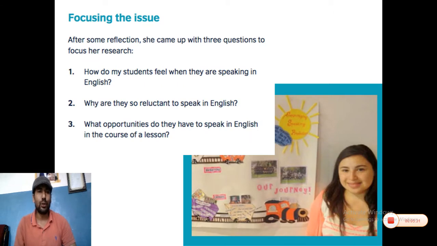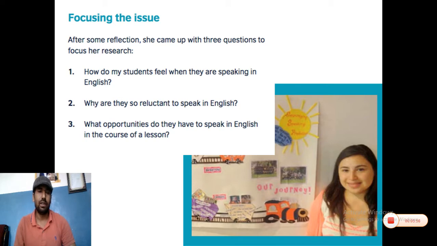Now, focusing the issue, after some reflection, she came up with three questions to focus her research. These three questions are: how do my students feel when they are speaking English? Another question was, why are they so reluctant to speak in English? And the next question was, what opportunities do they have to speak in English in the course of a lesson?